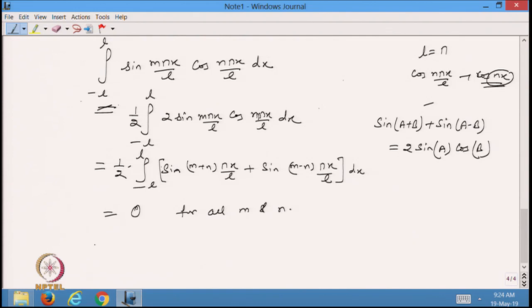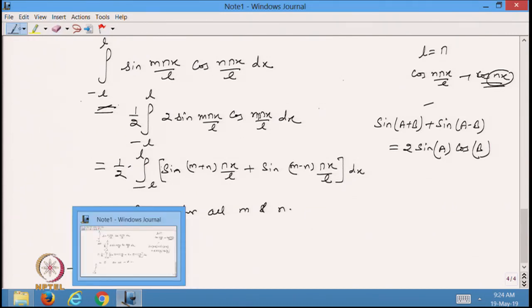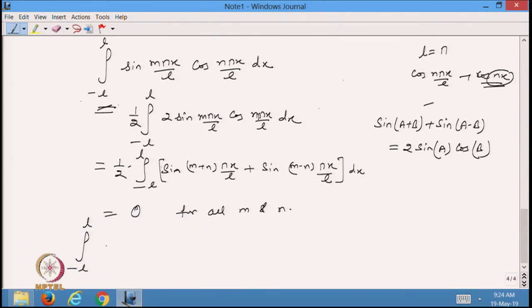Also, I just want to define another orthogonality. So, in this case now what I do is I just want to define this function: integral of sin m pi x by L into sin n pi x by L dx.